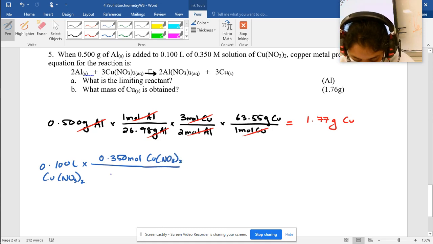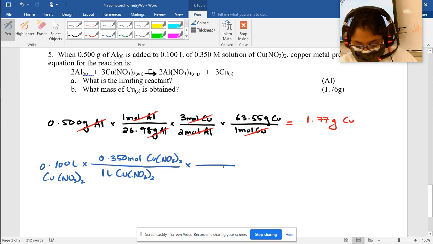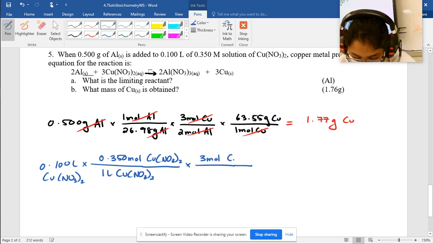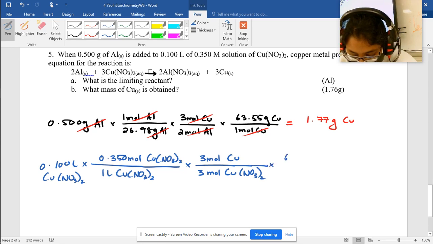Units are super important. 1 liter, I know it's a pain, but they're important. Actually, it's kind of nice to cancel units out. I find satisfaction there. So we have 3 moles of copper for every 1 mole of copper nitrate. No, 3 moles of copper nitrate. It's a 1-to-1 ratio.